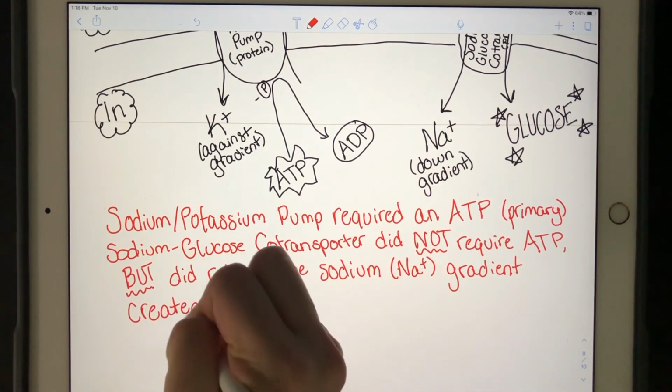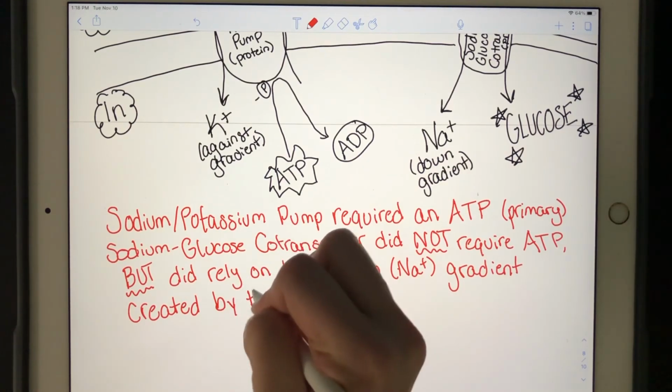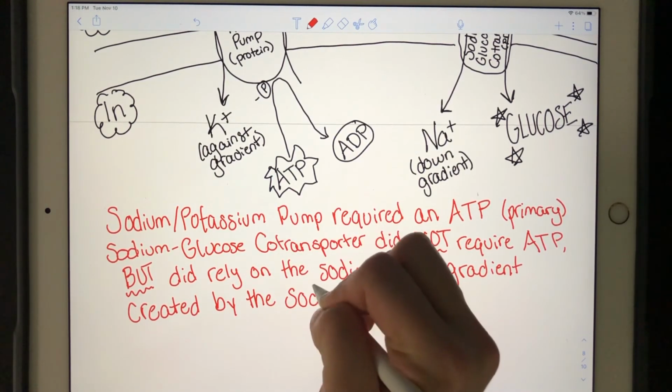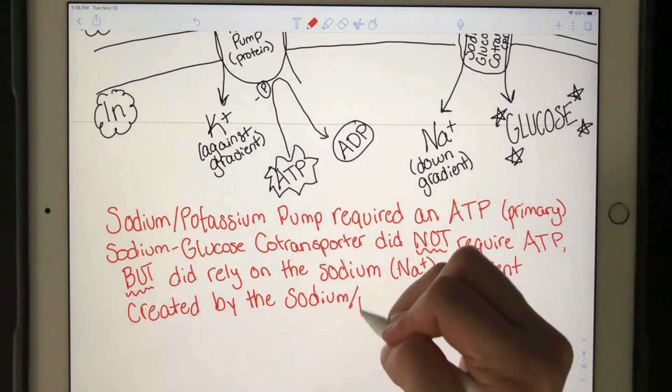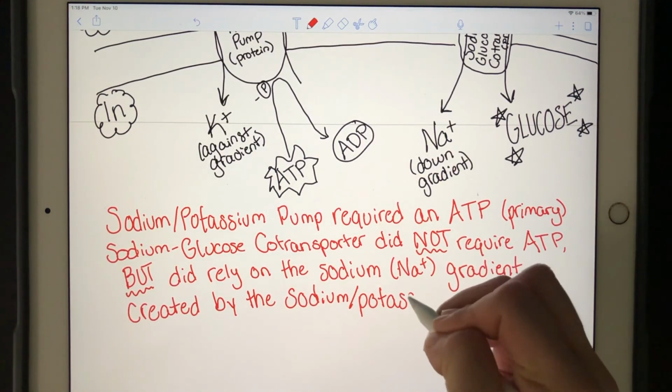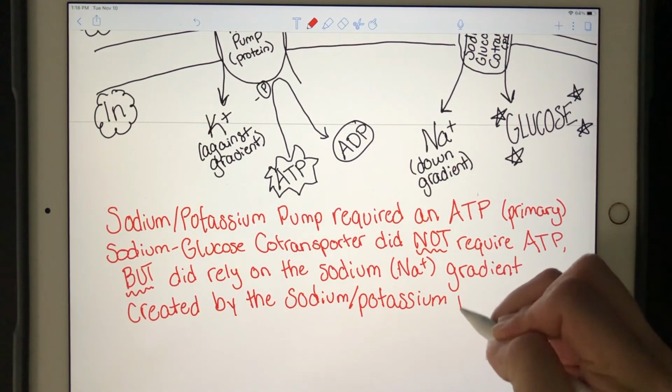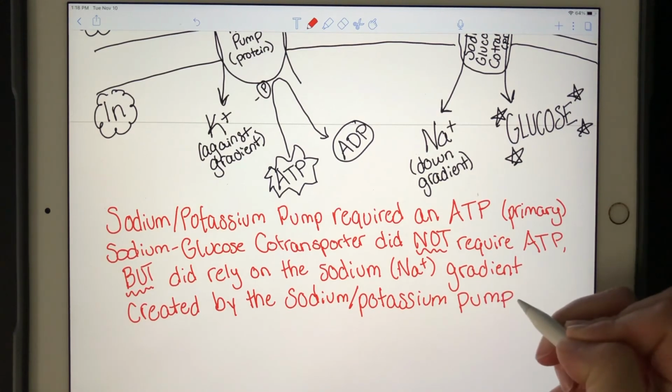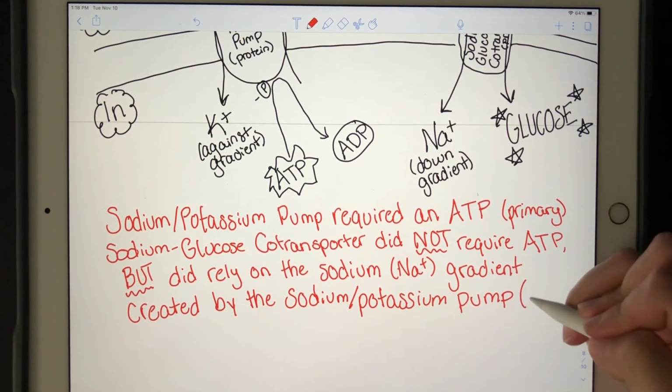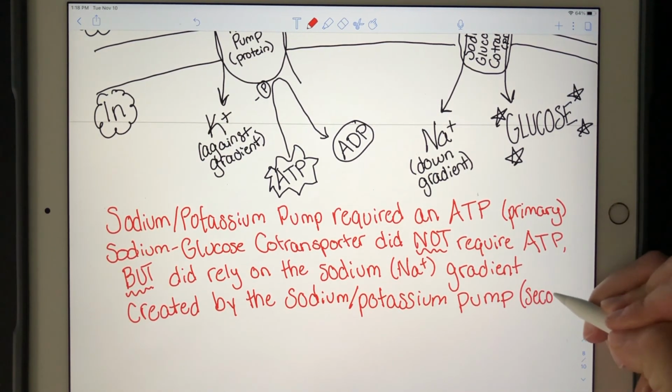Created by the sodium-potassium pump. And because of this reliance, we say that this is secondary active transport.